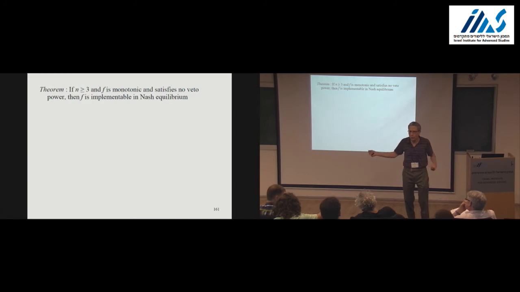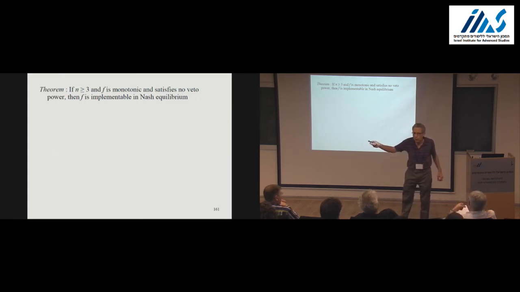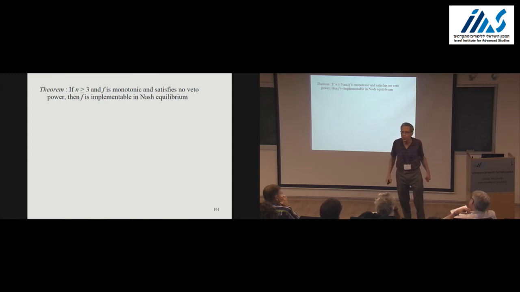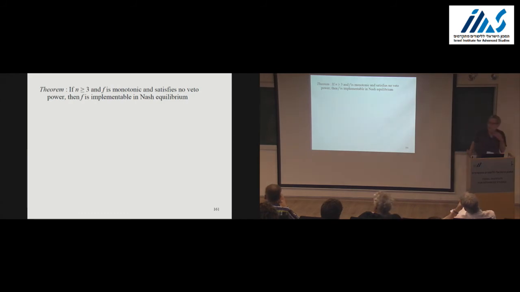This afternoon, I'm going to look at the case where players don't necessarily know what strategies other players are going to use, but have beliefs about the distribution of possible strategies. That's the case of Bayesian equilibrium, but that I will talk about in the afternoon. Any other questions about the statement of this result?